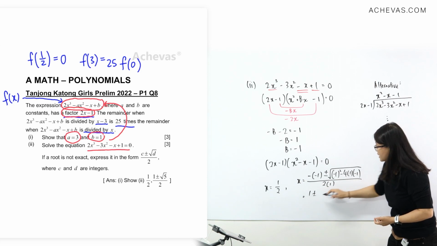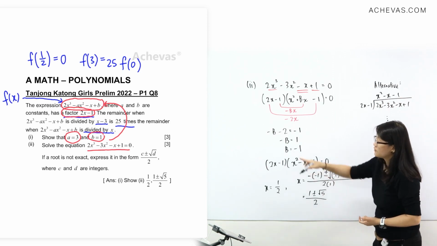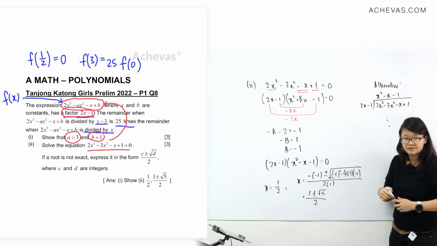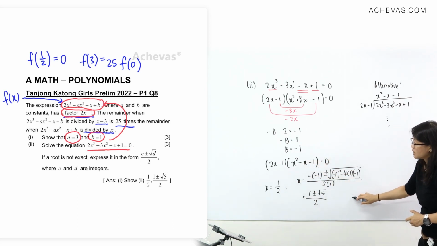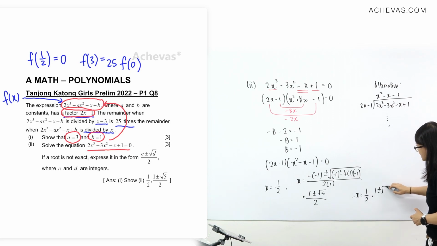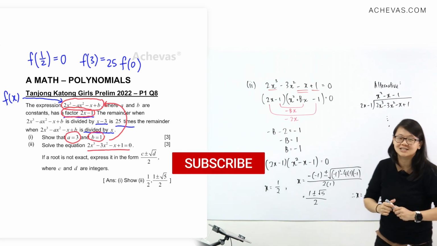Inside the surd, you have a square root of 5, divided by 2, which is the form that they want there. So the answer that we have is half, and 1 plus minus square root of 5 over 2. That's our cubic equation, that's the solution of it.